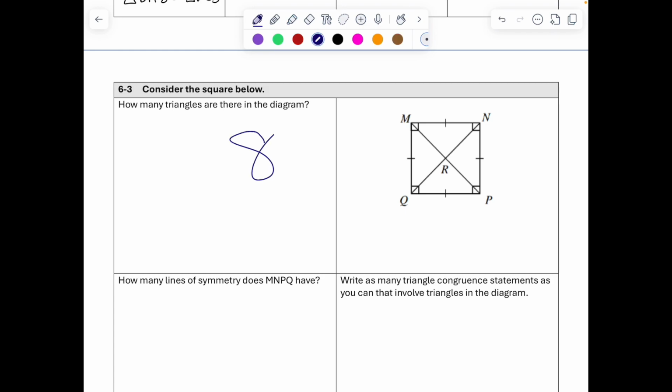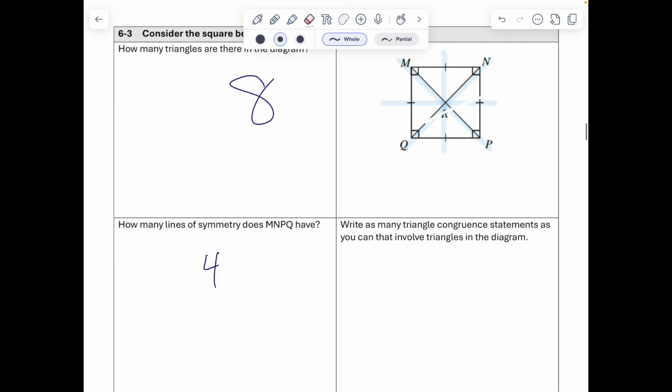How many lines of symmetry does this shape have? You could do 1 down the middle. I'll do this with the highlighter, 1 down the middle, 1 this way, 1 this way to cut it in half, and 1 this way to cut it in half. So this shape has 4 lines of symmetry. And then they want us to write as many triangle congruent statements as we can that involve the triangles in the diagram.